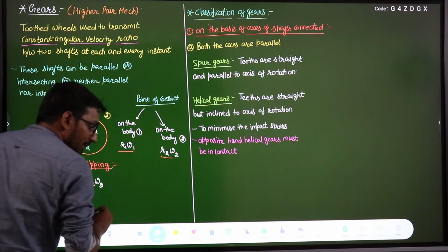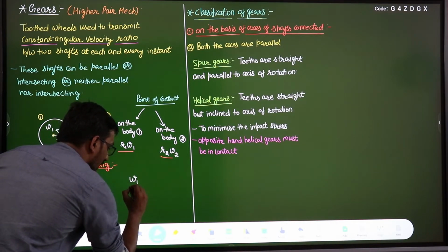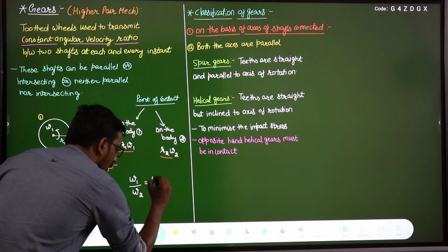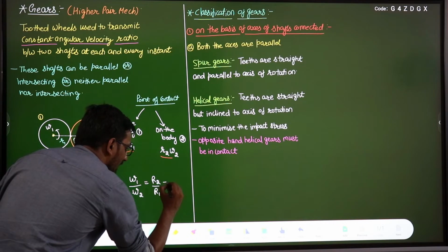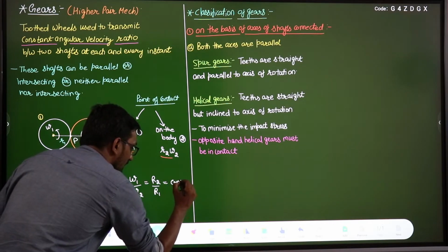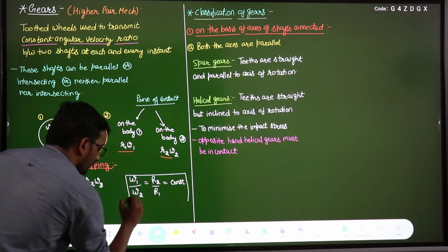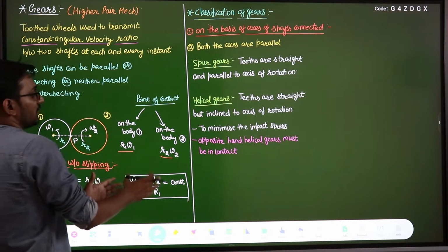From here I can say that the angular velocity ratio omega 1 by omega 2 will be equal to R2 by R1, and you can see that this is constant. So this is the basic function of gears.